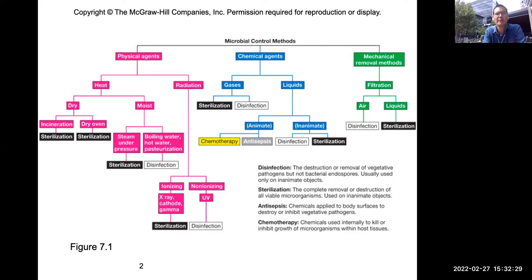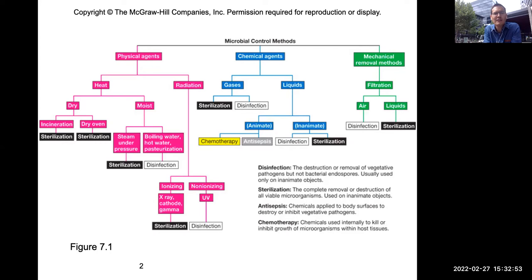People generally talk about chemotherapy in the context of cancer, but in this case we're talking about inactivation of bacterial cells. In this slide we've got different types of control mechanisms: physical agents, chemical agents, and mechanical removal.